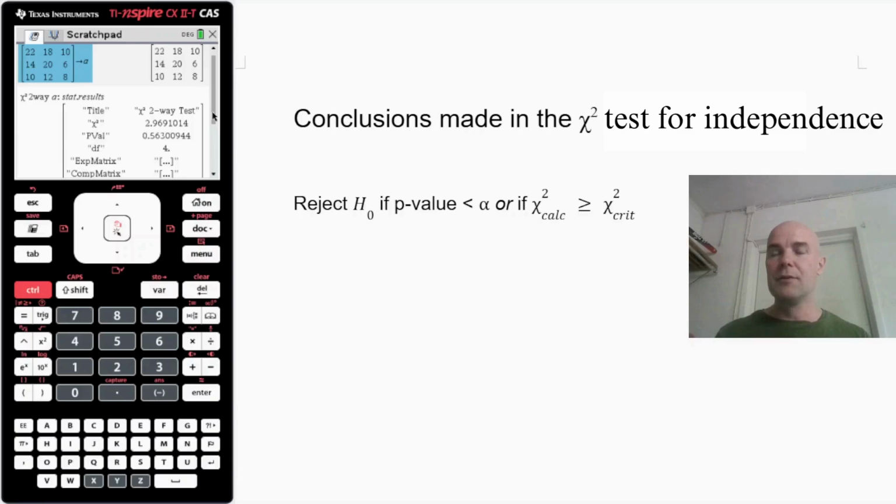And with chi-squared values, if the calculated chi-squared value is greater than the critical chi-squared value, we will reject the null hypothesis. Now, I would rely on the p-value, since you can make the conclusion using the p-value, and that's the same with every hypothesis test. So that's why it's safe to learn that it's always done the same way. If the p-value is smaller than alpha, we reject the null hypothesis. If it's greater, we don't have enough evidence to reject the null hypothesis.